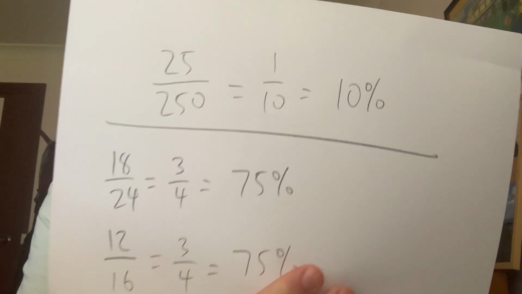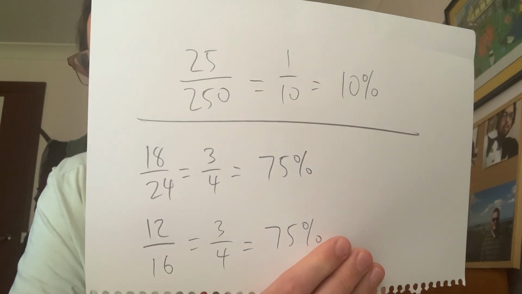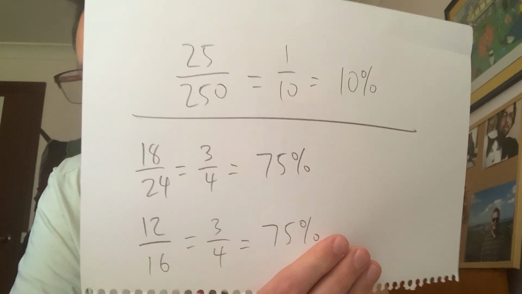Well, lo and behold, that's exactly the same. Okay, 12 out of 16, when you simplify that, it's also 3/4 and it's also 75%. Okay, so the science one, she got 35 out of 40. When you simplify that, that's going to be better.